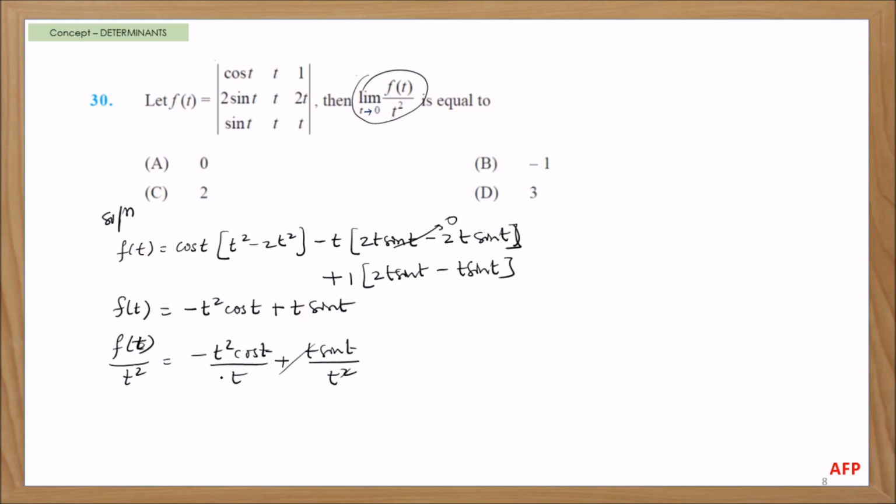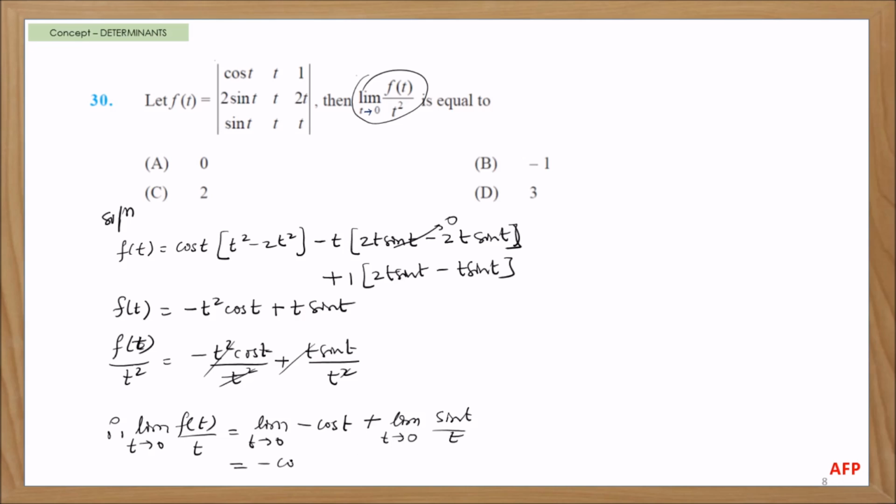Therefore limit f t as t tends to 0 is equals to limit minus cos t as t tends to 0 plus limit sin t by t, one t is remaining, as t tends to 0.